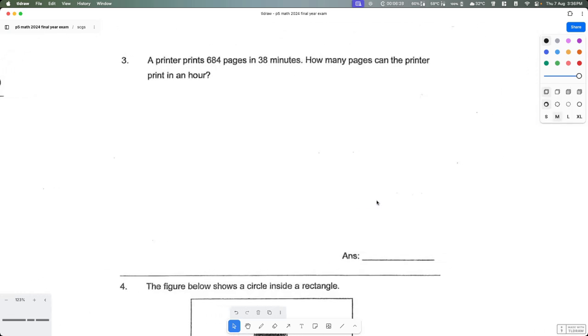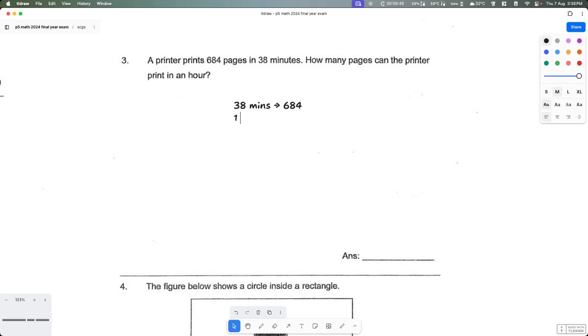Question number 3. A printer prints 684 pages in 38 minutes. How many pages can the printer print in an hour? Over here, 38 minutes is 684 pages.